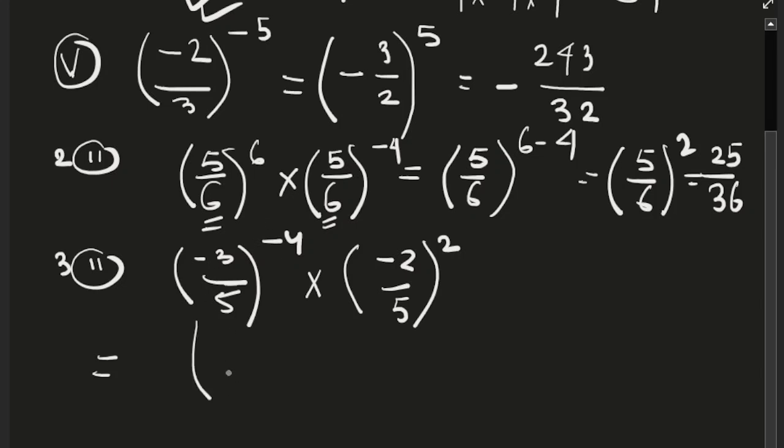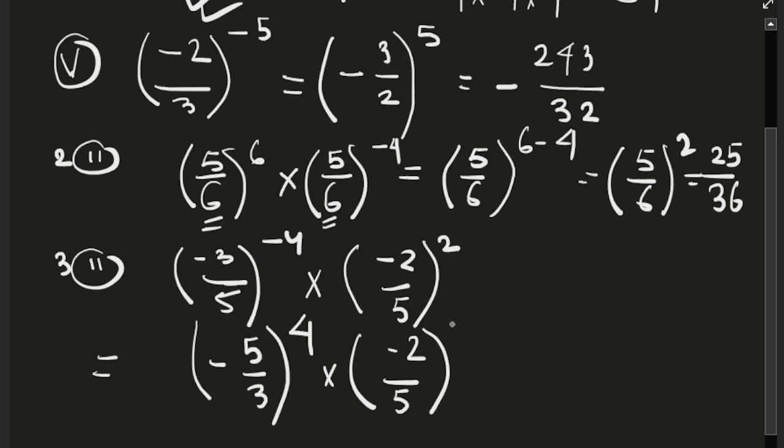That means the reciprocal of -3/5 is -5/3, and this minus in the power becomes plus 4. This becomes (-5/3)^4 multiplied by (-2/5)^2.